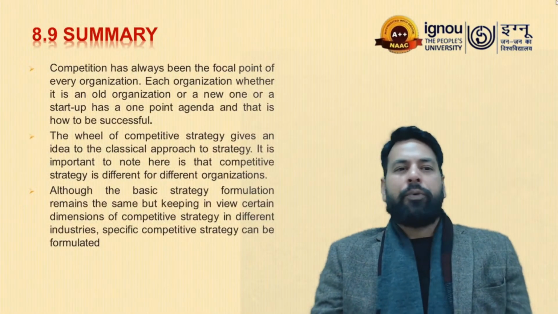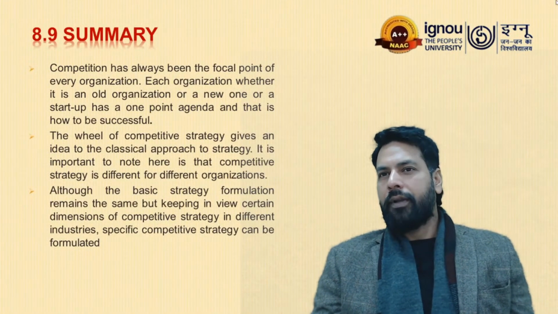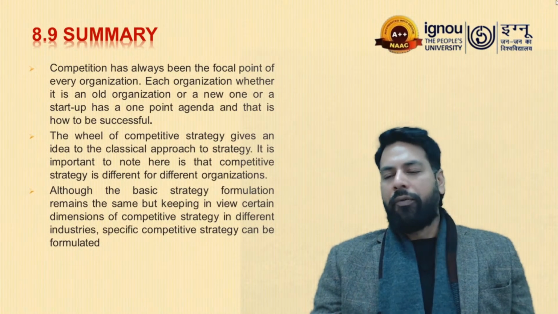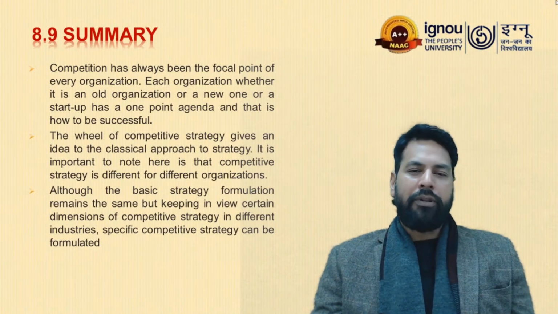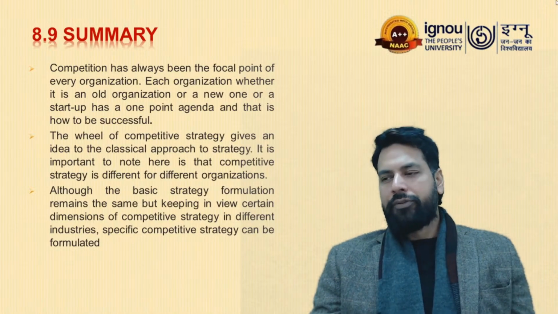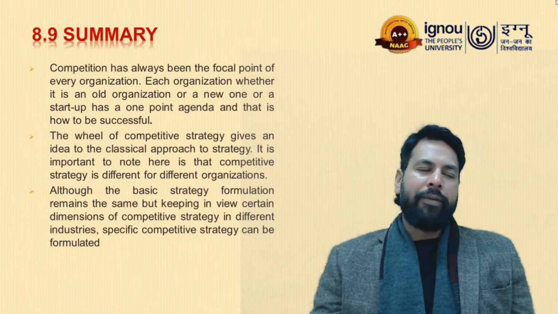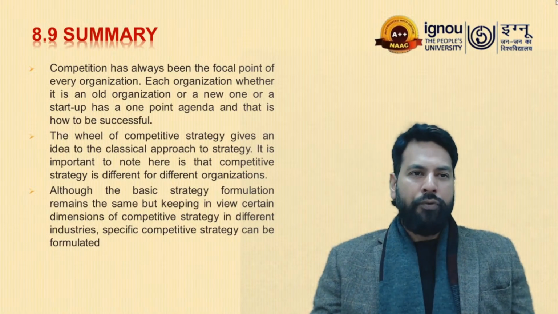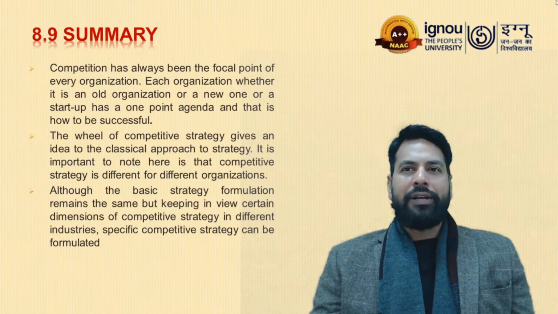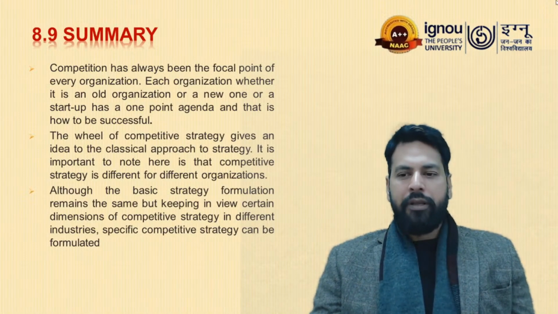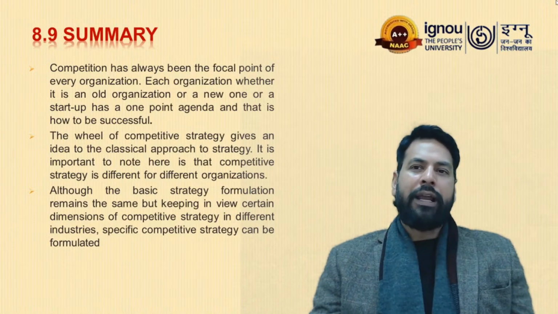So in summary, we spoke about competitive strategy, the Michael Porter wheel of competitive strategy, where I talk about the cycle wheel. We also spoke about different strategies followed by fragmented industry, declining industry, and so on. So these strategies, if they are used judiciously, trust me, the company will come out of its dying phase.